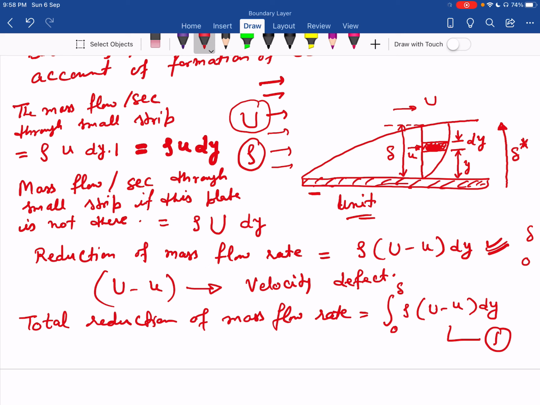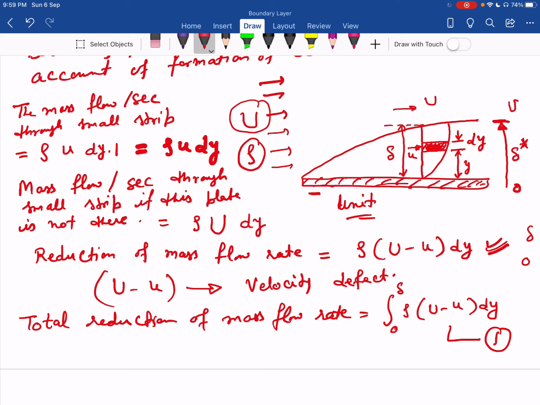This distance delta star is the distance up to where the velocity becomes 99% of U. In the direction of this y, your velocity varies from 0 to capital U. So delta star is the distance from the plate to where the free stream velocity becomes capital U.